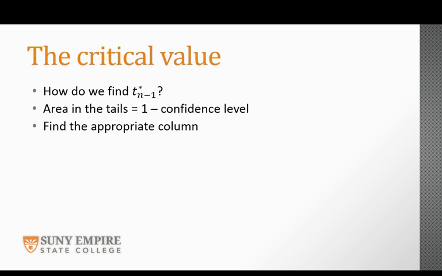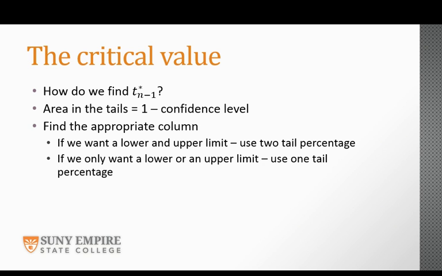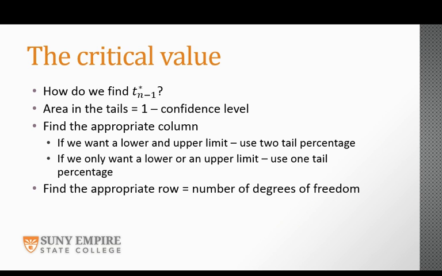With t-value tables, however, we must make an important distinction. Do we want an upper and lower bound for our interval, or does the situation only call for one bound? If the interval is bounded on both sides, we consider the two-tail percentage. If there is only an upper or a lower bound, we use the one-tail percentage.